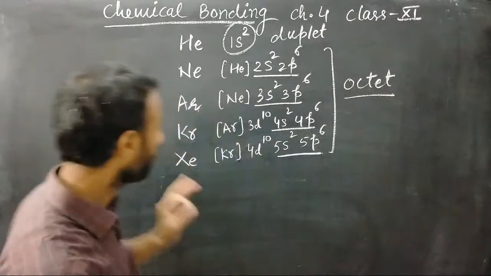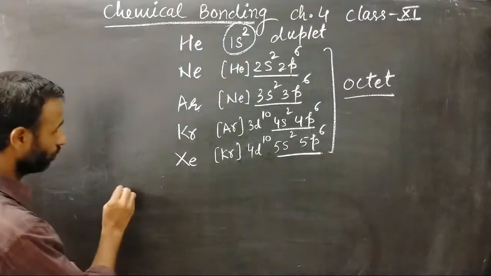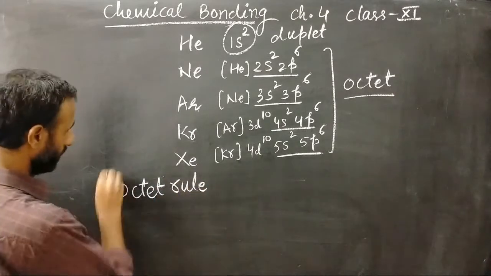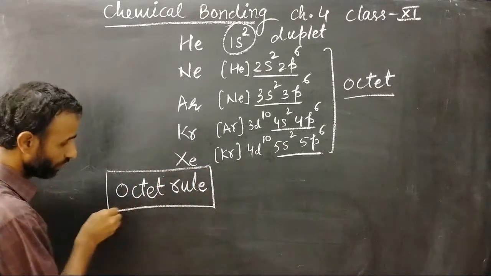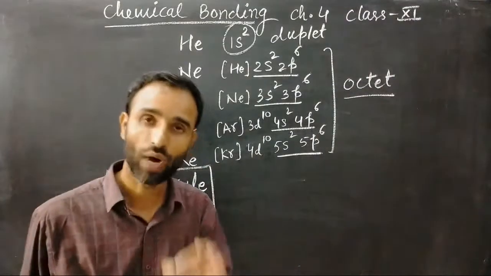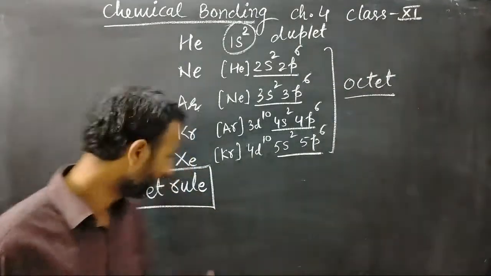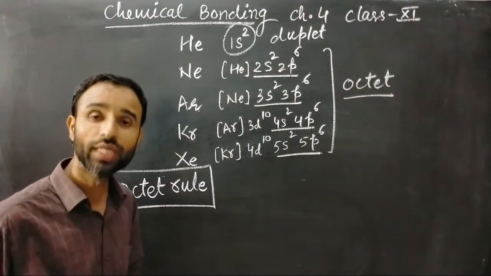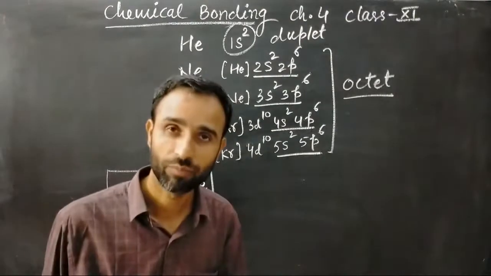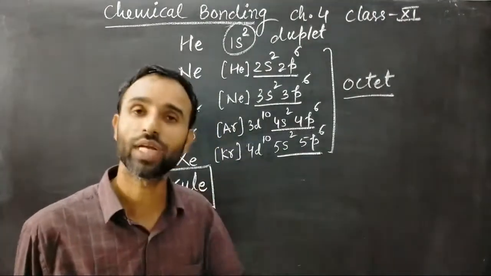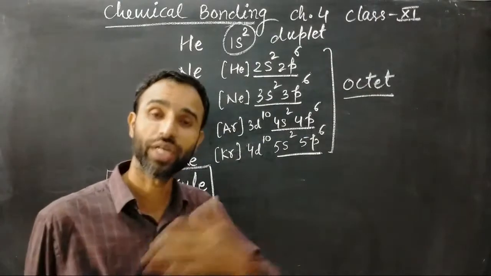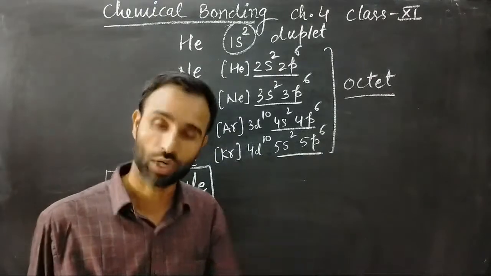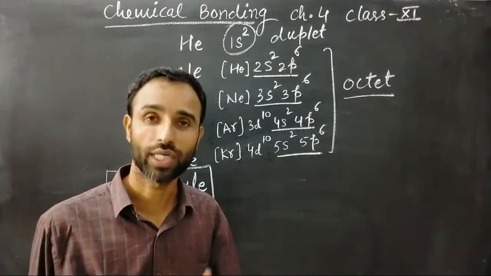Okay, so that will give rise to the octet rule. So the first theory to answer why atoms combine is the octet rule. So what is the octet rule? That atoms can combine either by transference of electrons or by sharing of electrons in order to complete their octet. That is called the octet rule.